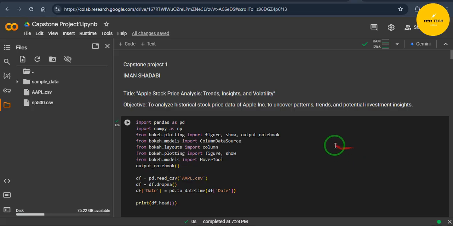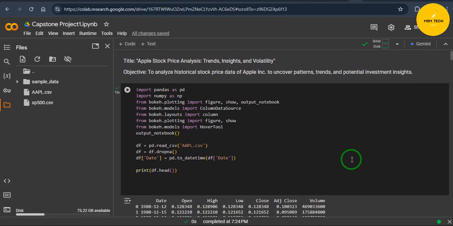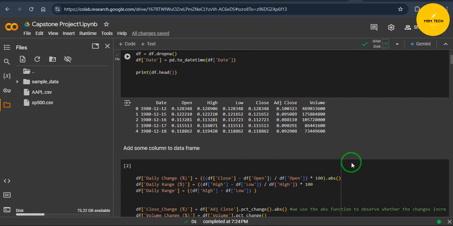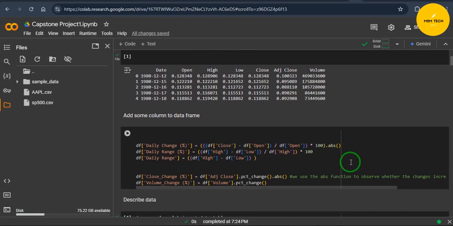First, I started by loading Apple's historical stock data. I performed data cleaning to handle missing values and convert dates into usable formats. Additionally, I added new calculated columns to enrich the analysis.